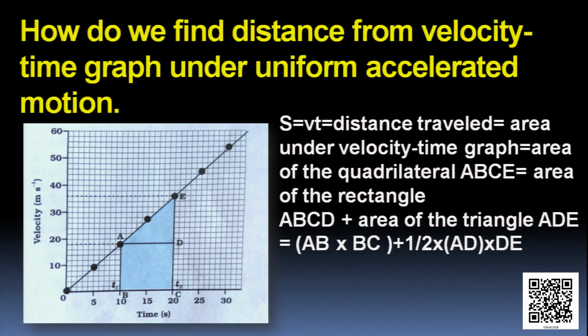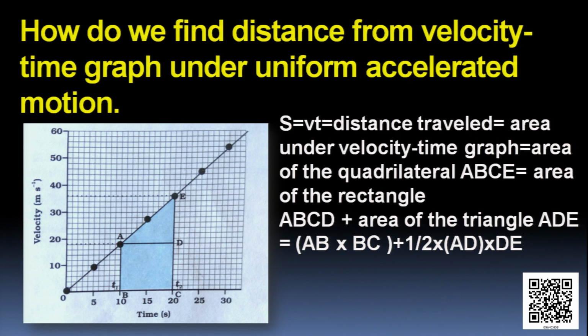Take 2 points on the graph, one point A and the other point E. Then draw perpendiculars: AB is the perpendicular from A on the time axis, and then draw another perpendicular EC from the graph on the time axis.